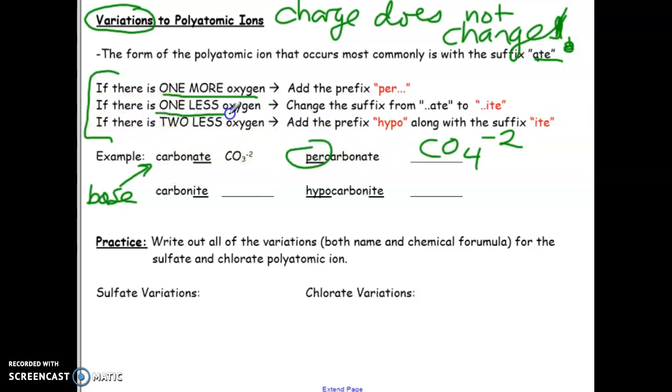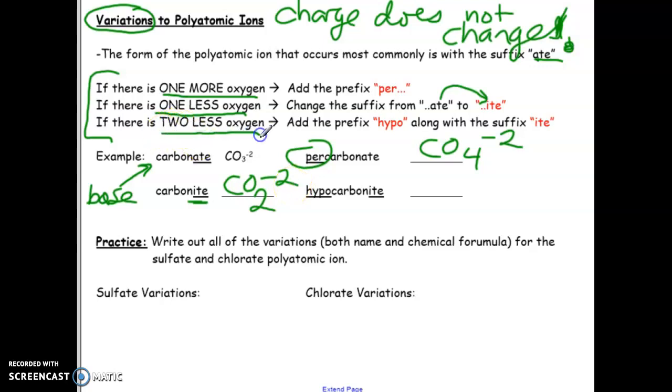If there is 1 less oxygen, the ending is going to change. Instead of carbonate, it becomes carbonite. You can see that change right here. So instead of CO3, it's 1 less oxygen, so it would be CO2. Remember, the charge doesn't change.